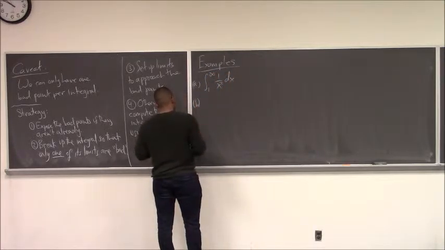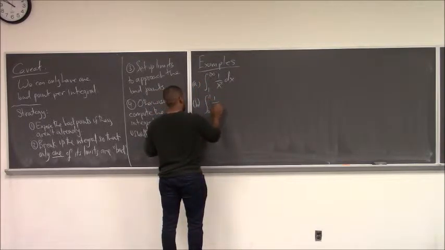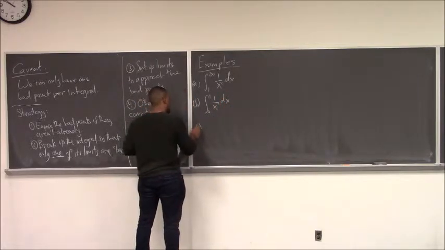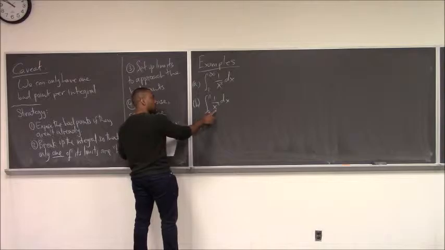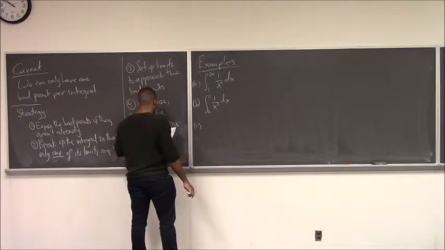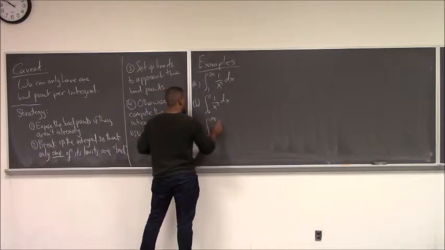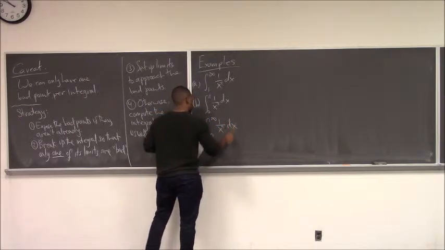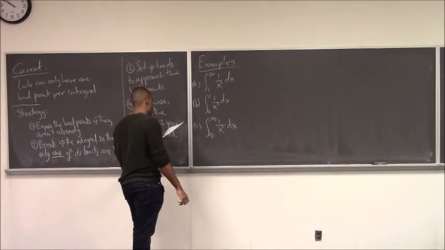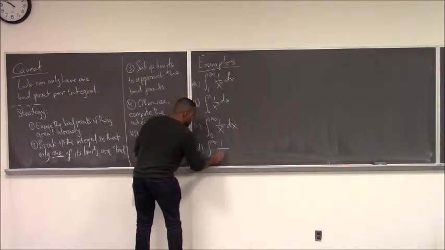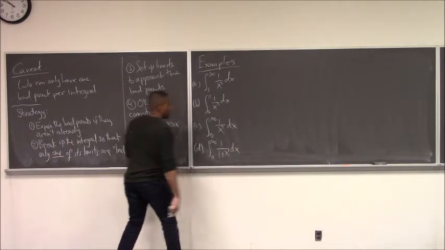That's an improper integral, pretty obvious because of the infinite limit here. That's also an improper integral because it's undefined at x equals 0 and 0 is on the interval that we're integrating. Similarly here, so 0 to infinity of 1 over 1 plus x squared dx.